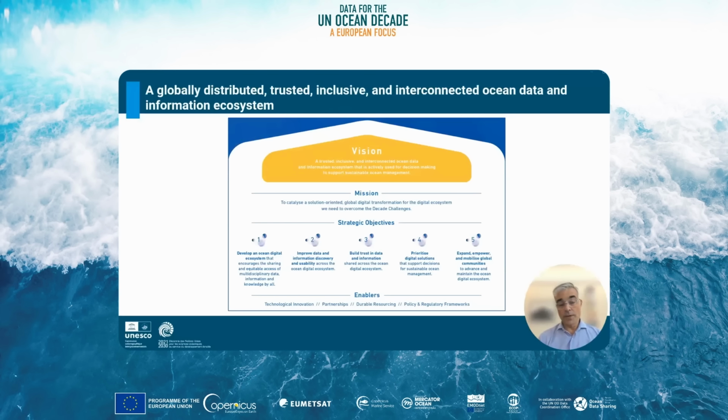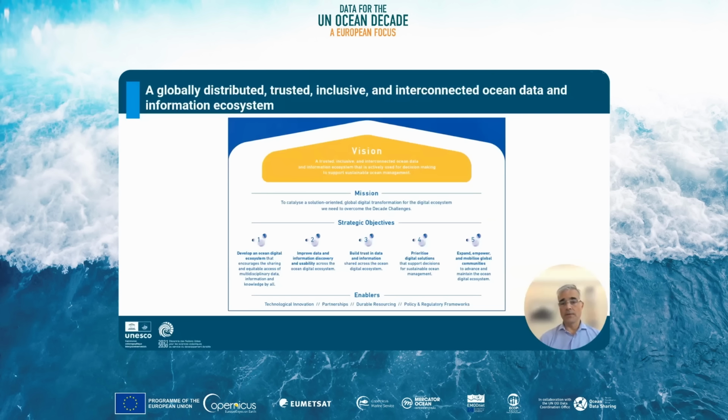So in April 2023, we published our overarching data and information strategy with the vision to put in place by 2030 a trusted, inclusive, and interconnected ocean data and information ecosystem, and one that is actively used for decision making to support sustainable ocean management.